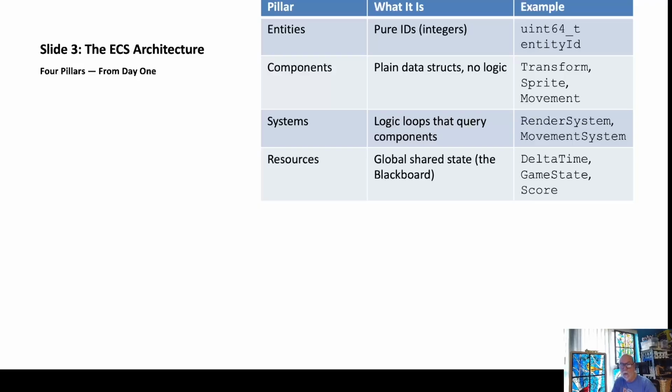Entities have components: position, velocity, health, whatever. And then systems are standalone systems that look over the entities and update the components in those entities so that you can do movement and stuff like that. In order to make this all work together, we have a blackboard where the different systems can write and read things.